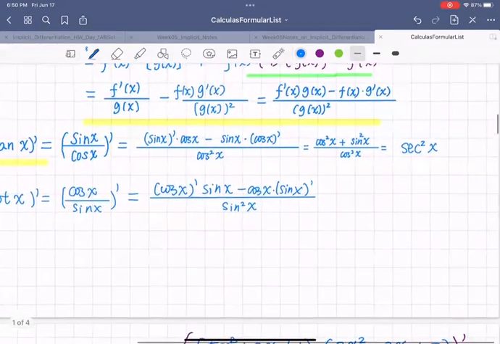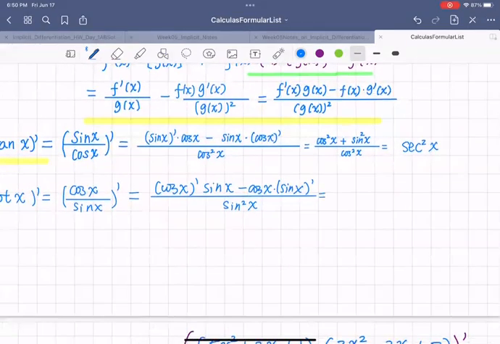The derivative of cosine x is negative sine x, so it's negative sine squared x, minus, since the derivative of sine x is cosine x, minus cosine squared x, all over sine squared x.